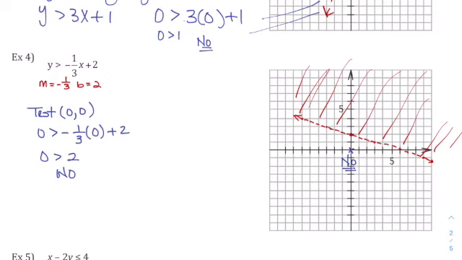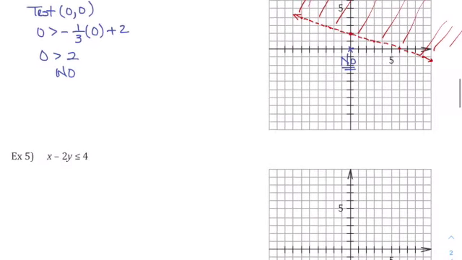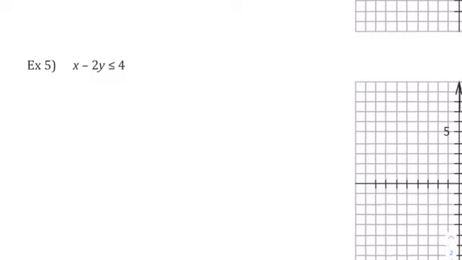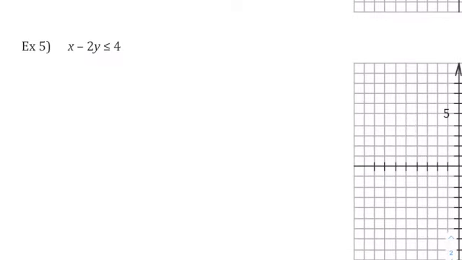Try number 5. Well, number 5 is a little bit different. If you look at number 5, there's a couple ways of doing it. One, you can do it by x-intercept, y-intercept form. Or two, you can do it by slope-intercept form.